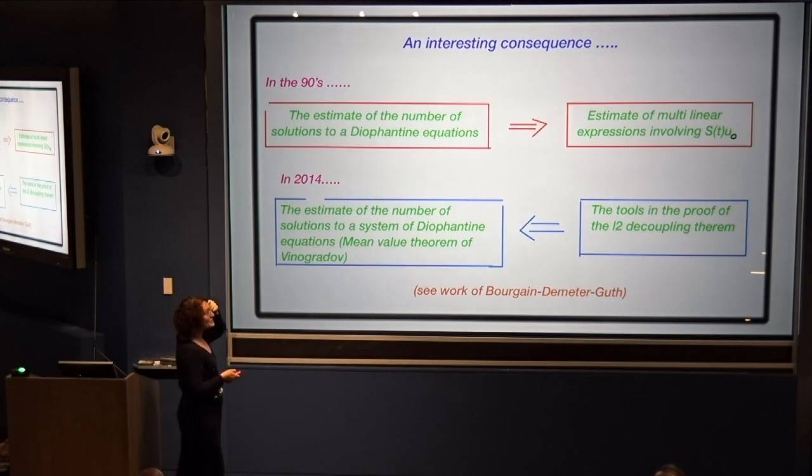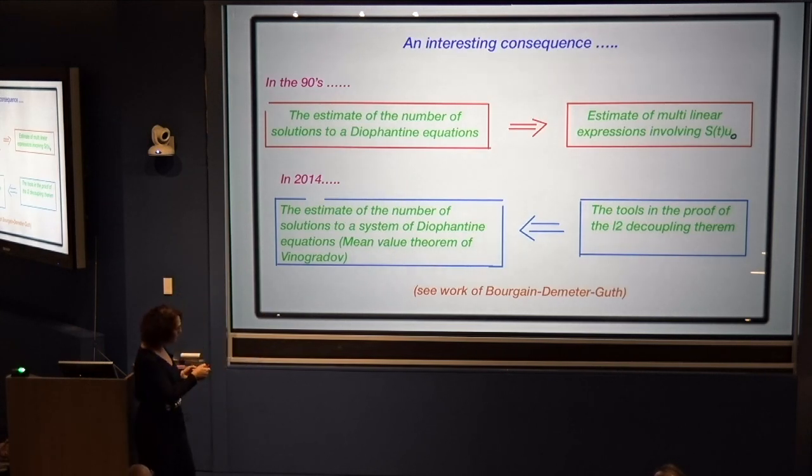Now, an interesting consequence for number theorists is the following. In the work of Bourgain, originally, like I said, in the early 90s, an estimate of the number of solutions to the Diophantine condition, that was in fact how many points in a circle intersect the lattice, gave us estimates for the Strichartz inequalities. But now it's actually going in the opposite direction.